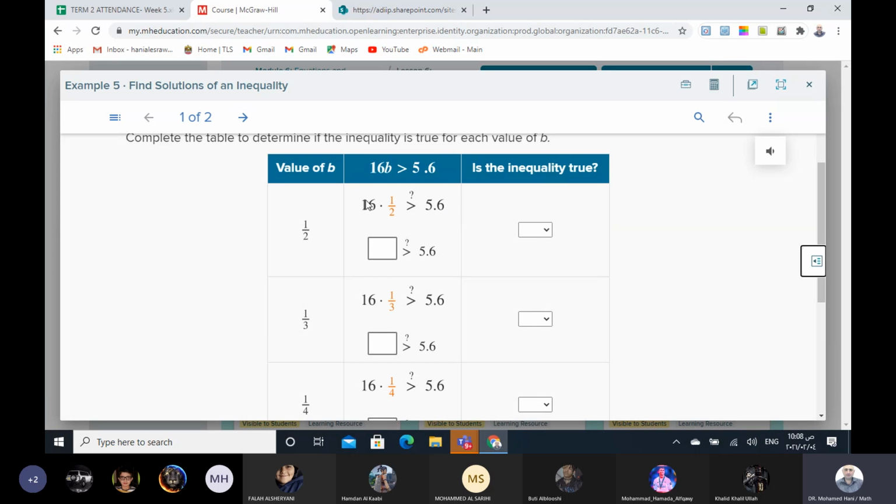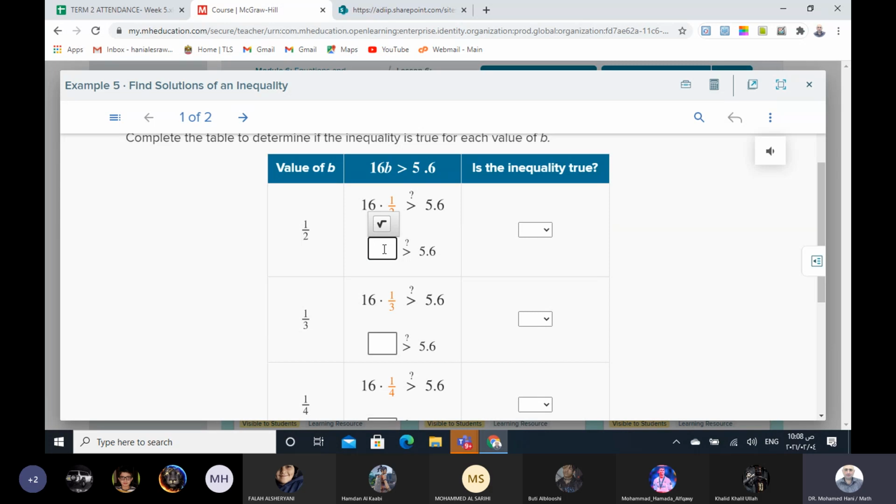So the inequality here is 16 times b. The value of b will be 1 over 2. Substitute, put the value of b equal to 1 over 2. Is it greater than 5.6? I don't know, so put here a question mark. Now try to find 16 times 1 over 2. 16 times 1 is 16. 16 divided by 2 will be what? Will be 8.